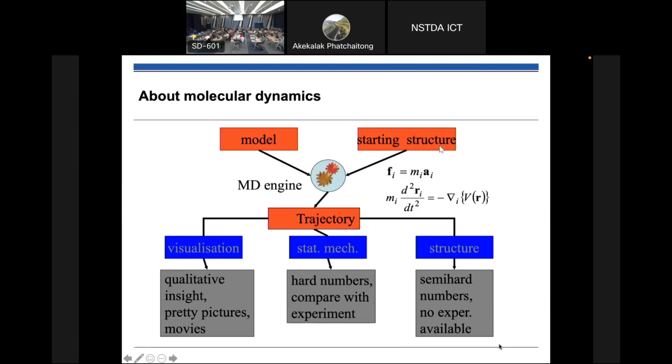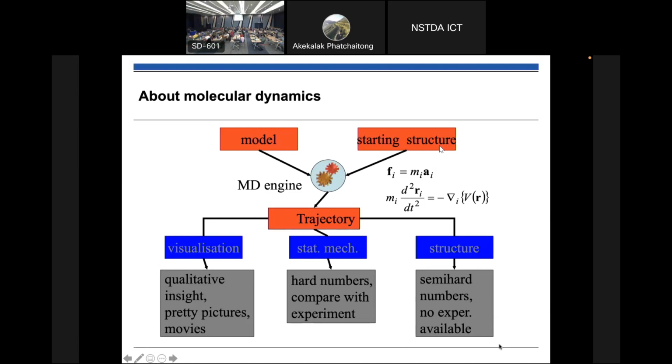If you visualize, most of the time you understand how your system evolved, whether your protein and the ligand are interacting, or the ligand has left the protein pocket or binding site. Those things you can already see if you have a long enough trajectory.